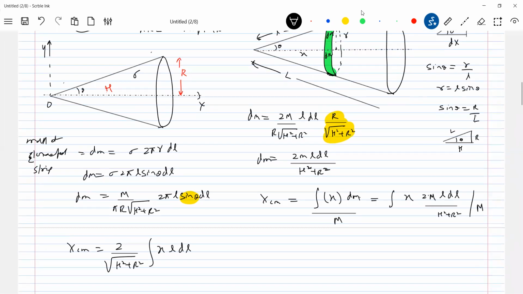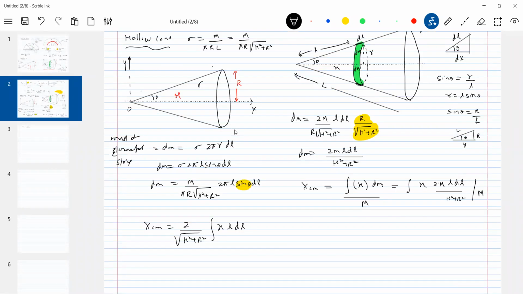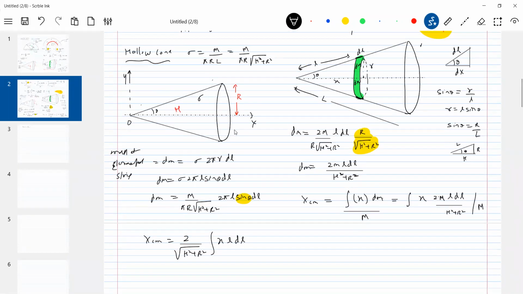I'll make it small so that everything will be visible for you. Root of h square plus r square, this is one. Keep it here. Now x L dl we can't integrate, no? x L dl can't be integrated.